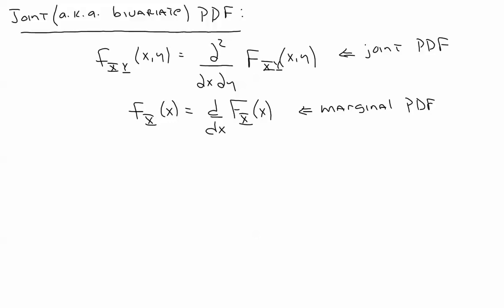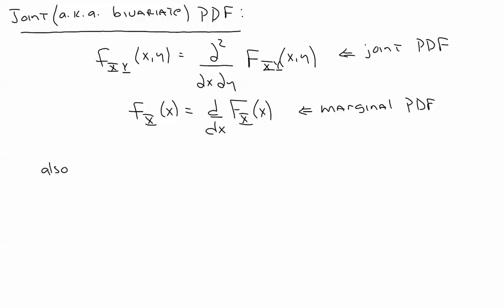When we're talking about a single random variable, we talk about marginal PDFs and CDFs. When we talk about two random variables taken together, we have joint PDFs and CDFs. Similar to marginal PDFs, we have this.